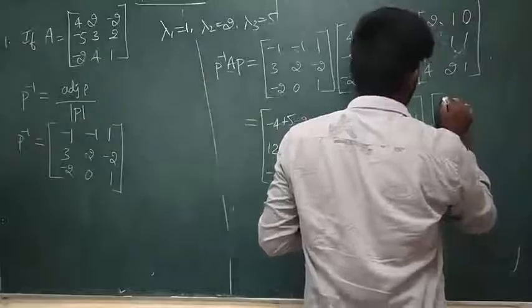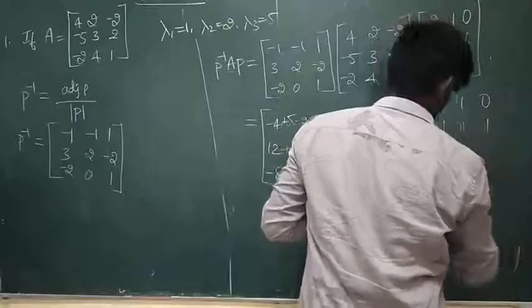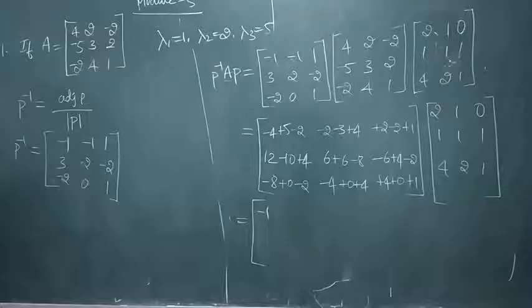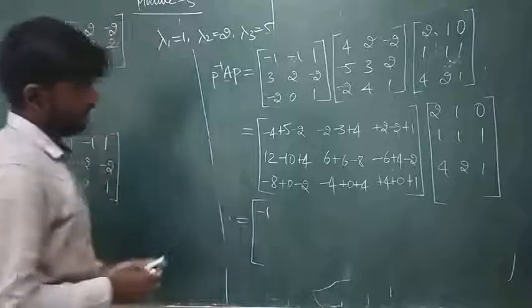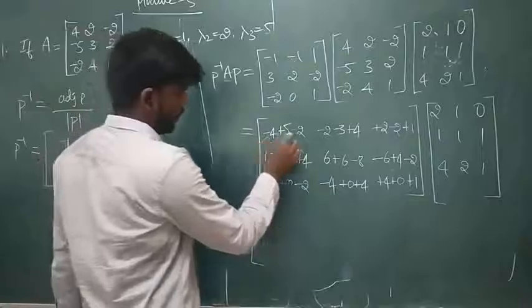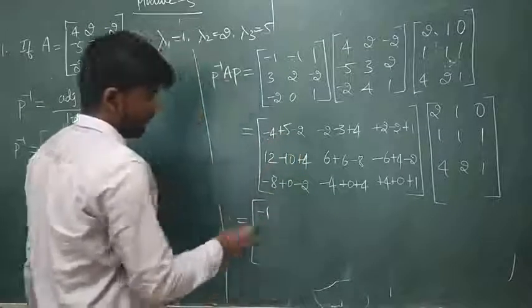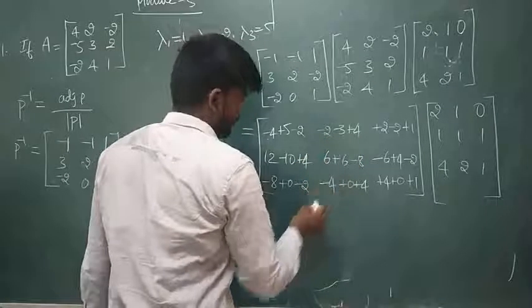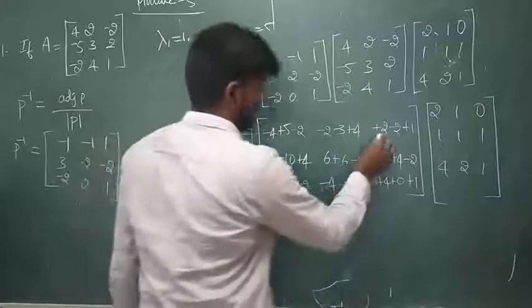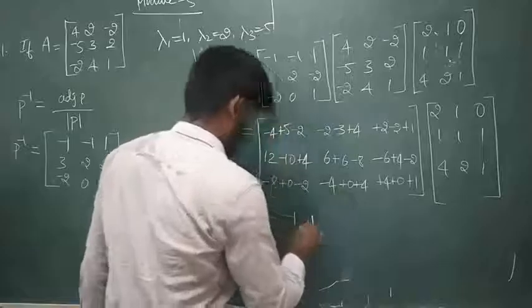And the third matrix is 1, 2, 1, 0, 1, 1, 1, 4, 2. Simplification of this matrix: plus 4 minus 4 minus 2 minus 6 plus 5 gives -1, and 2 minus 2 minus 3 minus 5 plus 4 gives -1, and 2 minus 2 is 0 and plus 1.